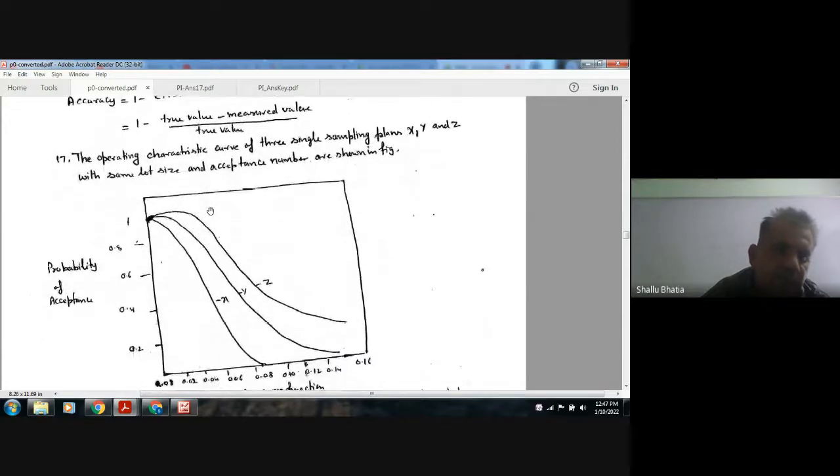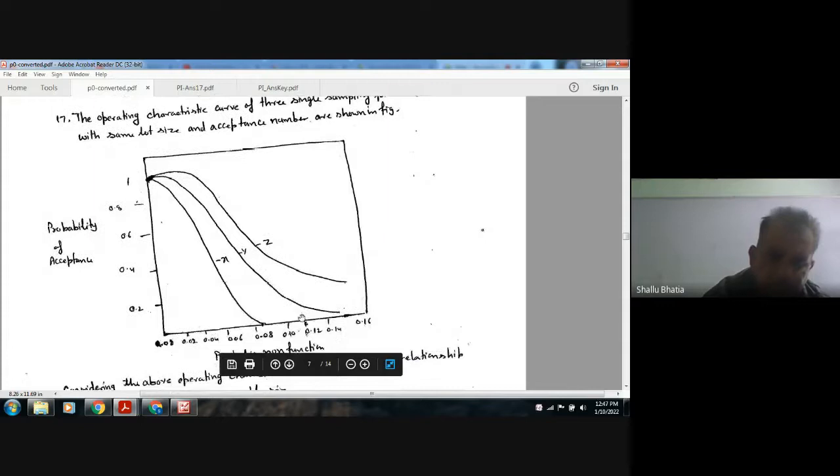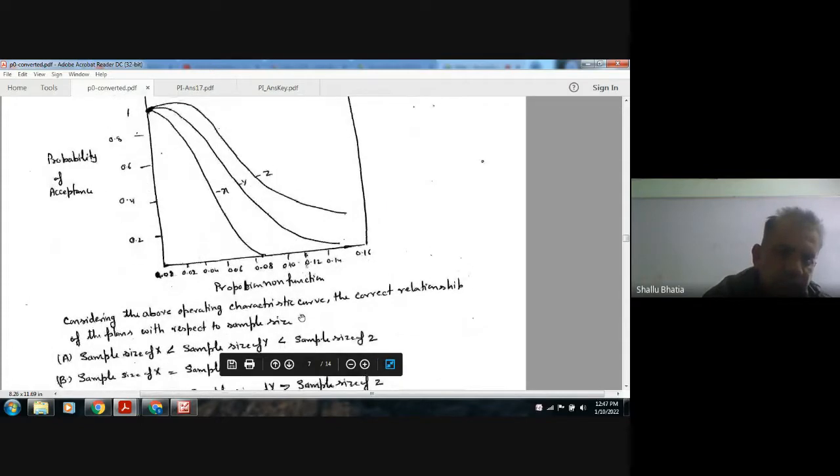Next, the operating characteristic curve for three single sampling plans X, Y, and Z with the same lot size and acceptance number is shown in the figure. This is the probability of acceptance, and this is the proportion of nonconforming or defective pieces.